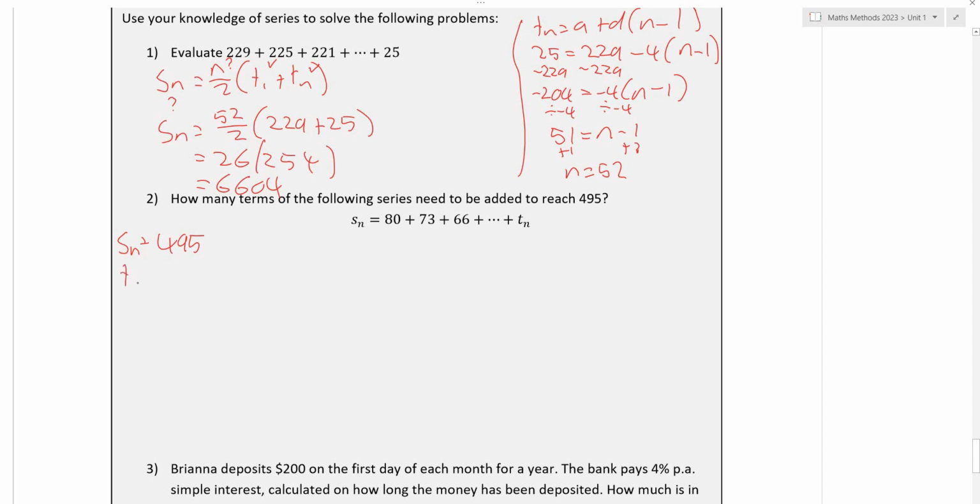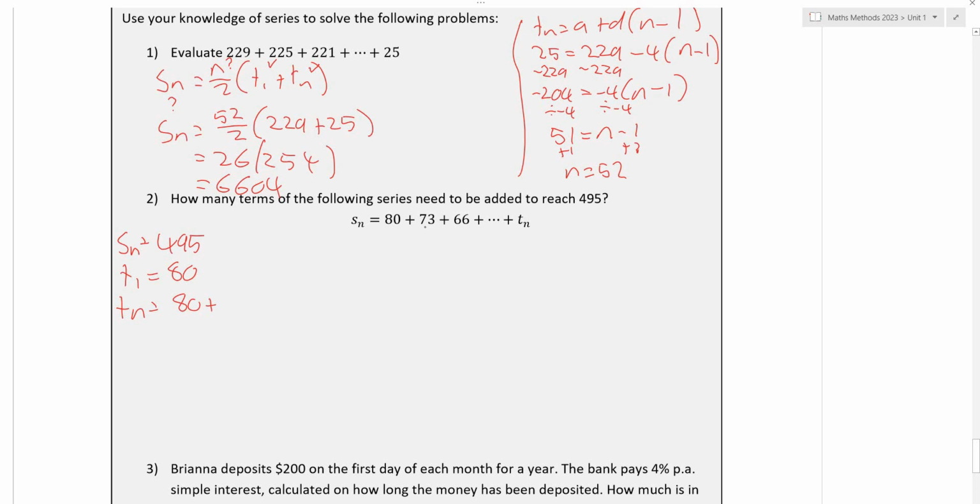Do I know what T1 is? T1 is 80. Do I know what Tn is? We kind of do. We don't know it exactly, but we can say what it is. I know that Tn is 80 plus, what's my common difference?